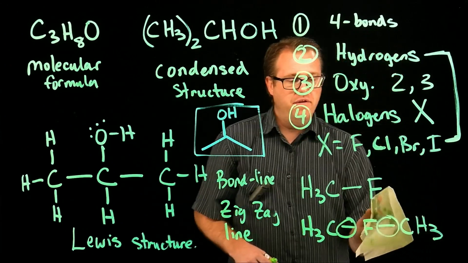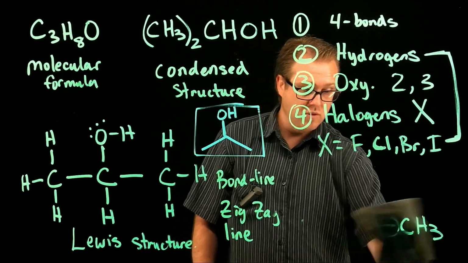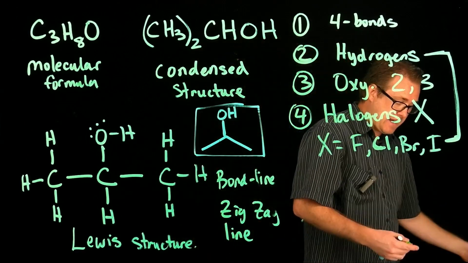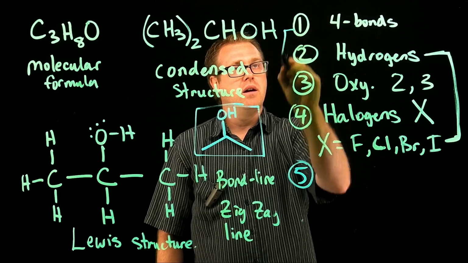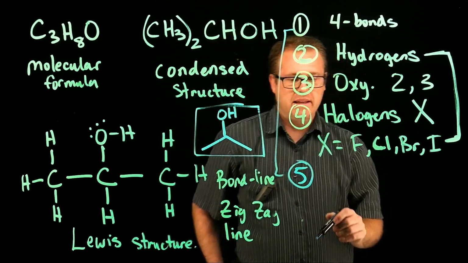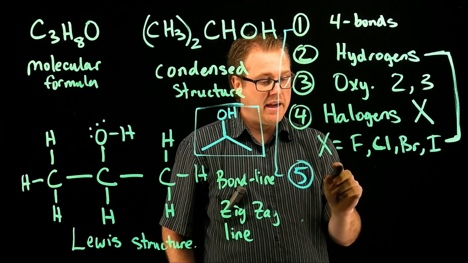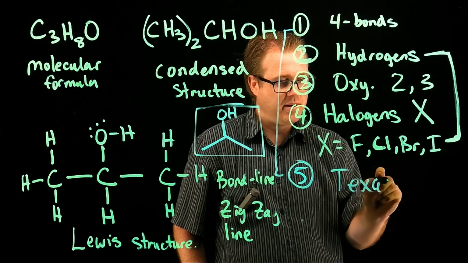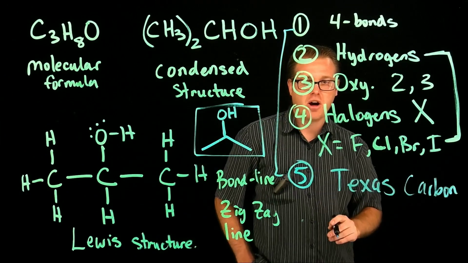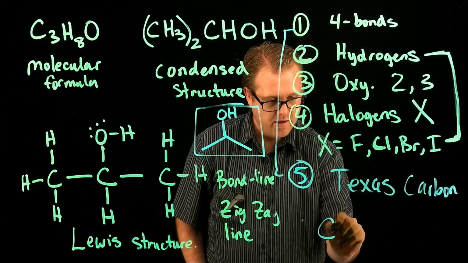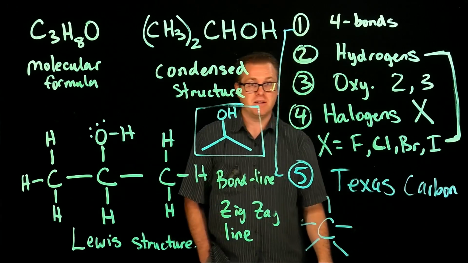And then the 5th rule is a very important rule to remember. It goes along with rule number 1, that is 4 bonds. Sometimes people like to form what's called a Texas carbon. A Texas carbon is simply a carbon that has 5 bonds to it.